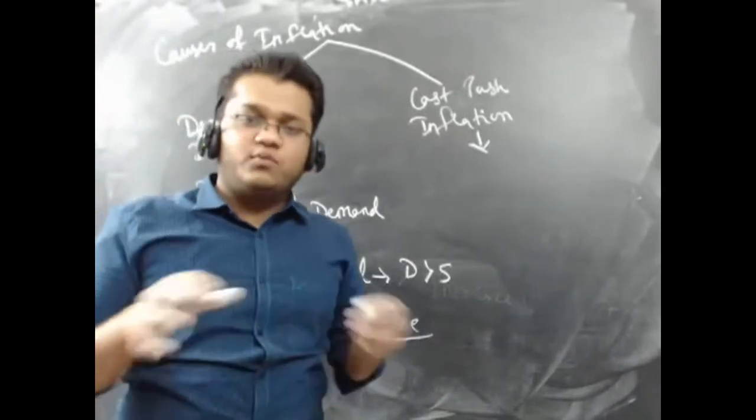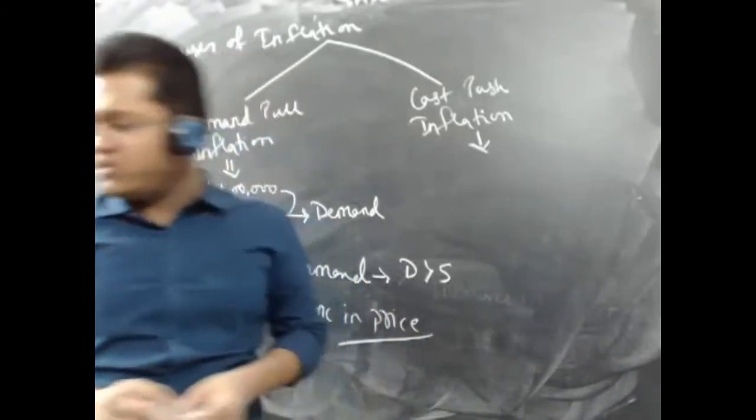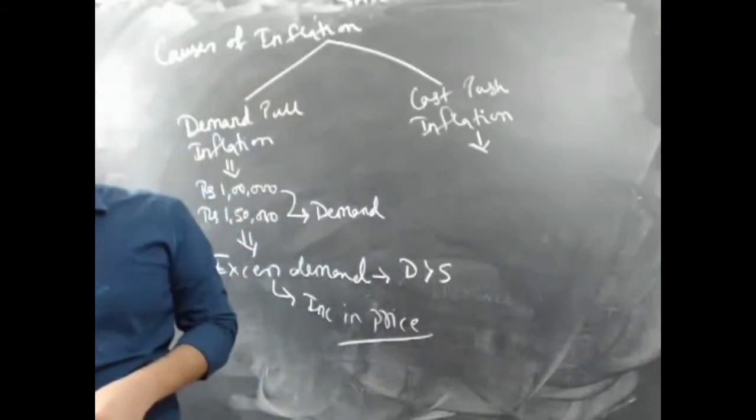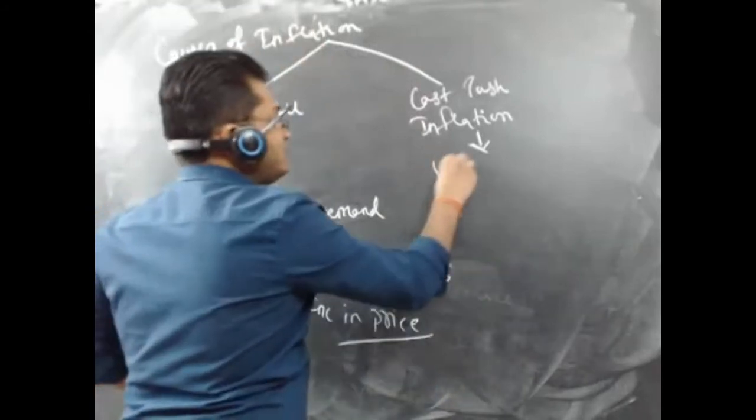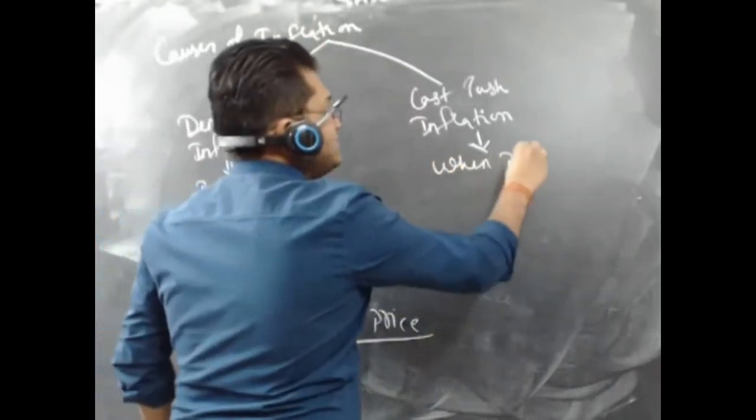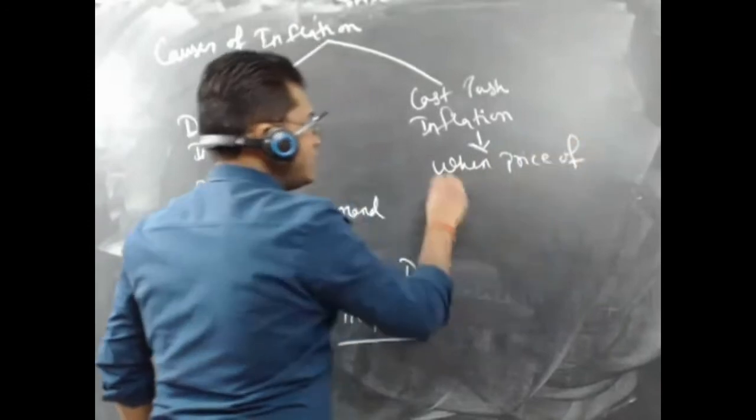If the price of all the inputs will go up, then the final price will also go up. Okay. So cost push inflation is when the price of input increases.